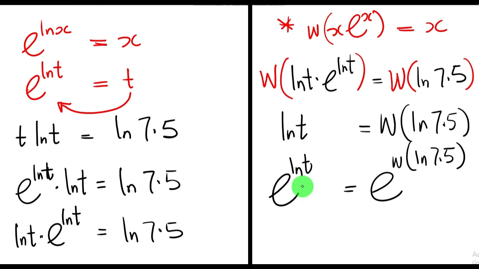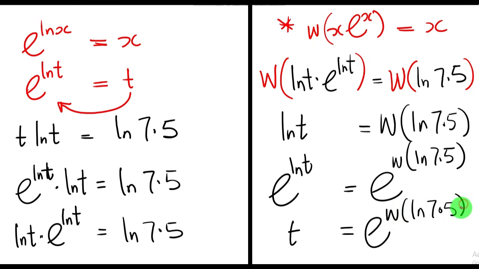I know there is a certain exponential identity: when we have exponential ln x, it results in x. So exponential ln t definitely results in t. Then I still have the exponential of the W function of ln 7.5.